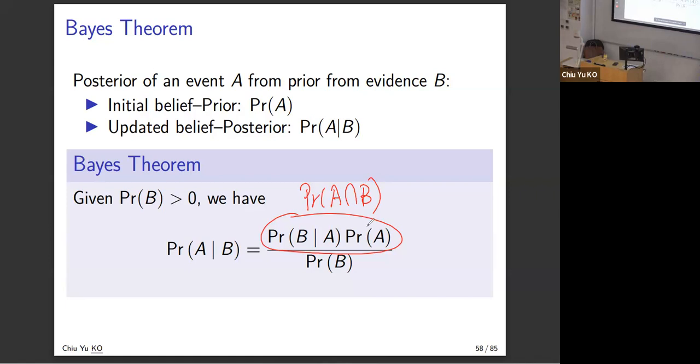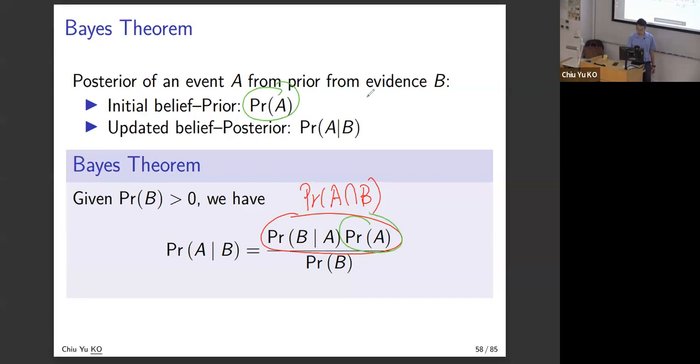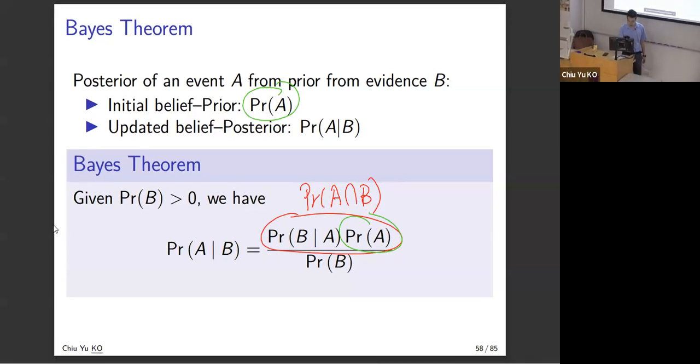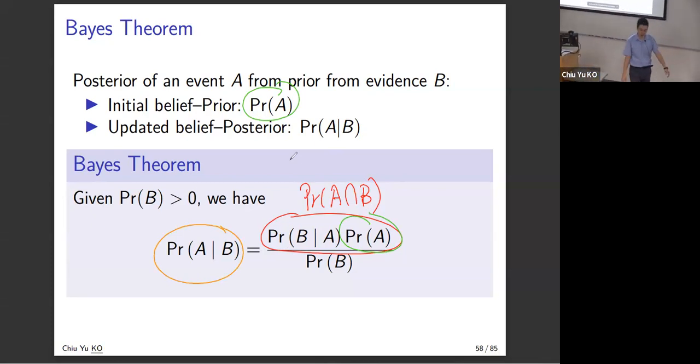Originally our prior knowledge is A, and we learn new information, which is B. Now we have another judgment, A given B. What we're doing is we come from A and want to go to probability of A given B, because we have new information from B. How do we update?